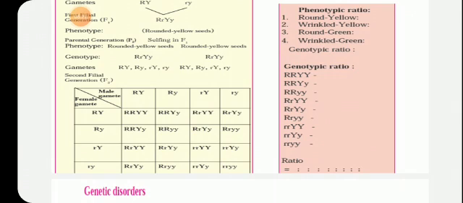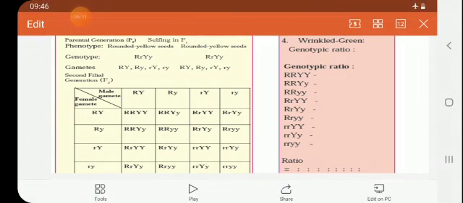Then capital R capital R, capital Y, small y: it is only 2, so you will write down 2. Then third is capital R capital R, small y small y, that will be only 1. Then capital R, small r, capital Y capital Y, that will be 2. Accordingly, observe what is given in the table and write down how many there are.